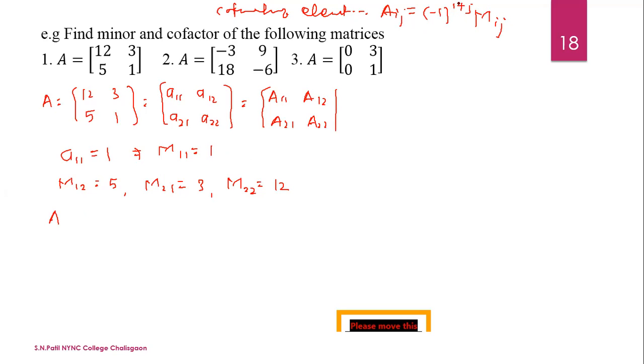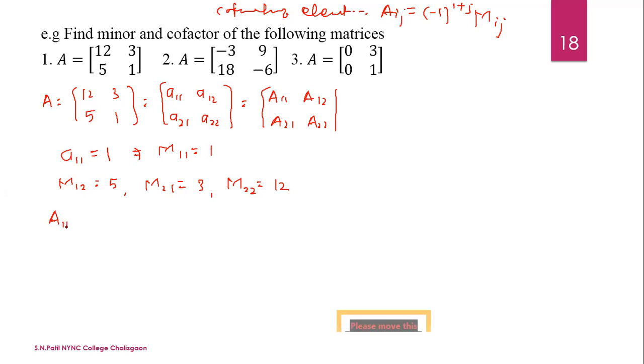If this addition is even, then we write plus sign. If the addition is odd, then we write minus sign. See the positions here. 1 plus 1 is 2, 2 plus 2 is 4, these are the even positions. 1 plus 2 is 3, 2 plus 1 is 3, these are the odd positions.